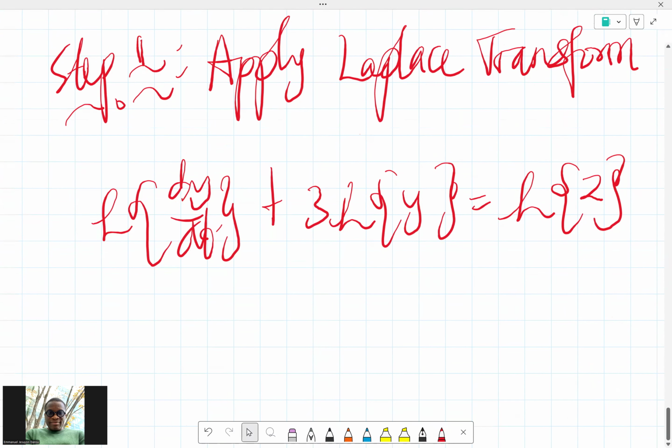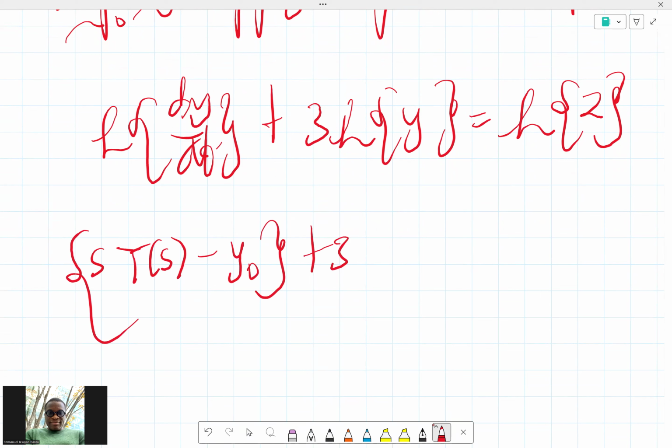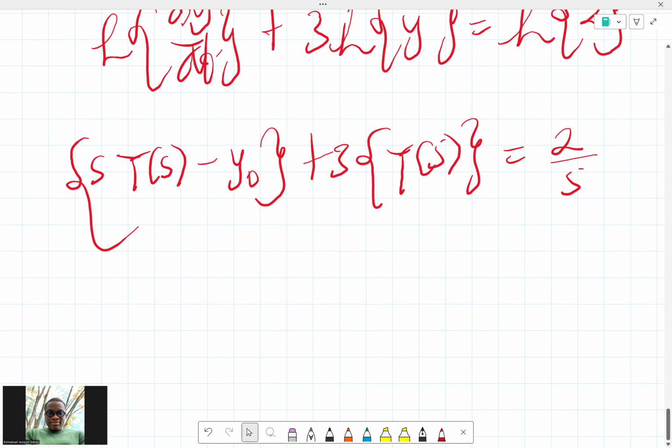So L of dy dt is simply s y of s minus y naught, that's the first one, plus 3, this is just y of s, and this is L of 2. So L of 2 will simply be 2 over s, being a constant, as we know.